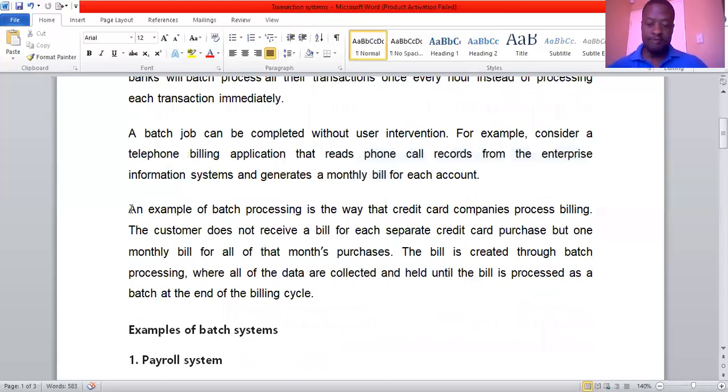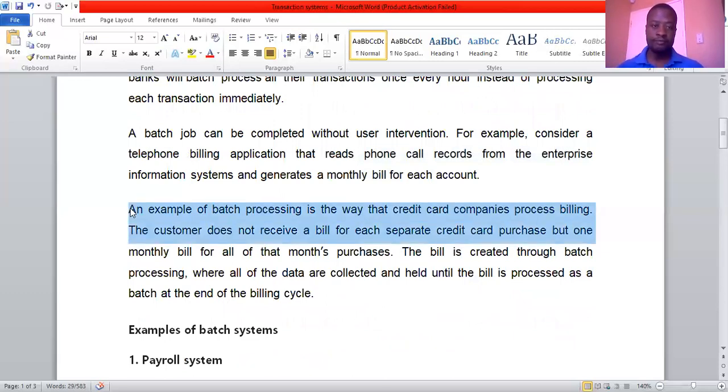So an example of a batch processing system is the way that credit card companies process billing. Okay, so these are some of the examples that are explaining what a batch processing system is. So the credit card companies process your bills.